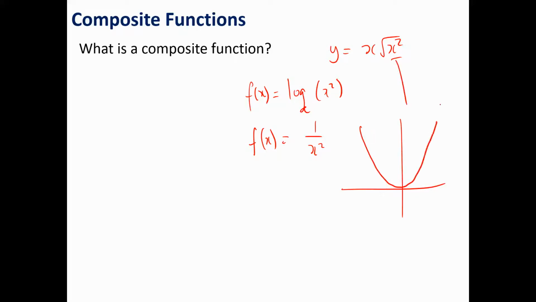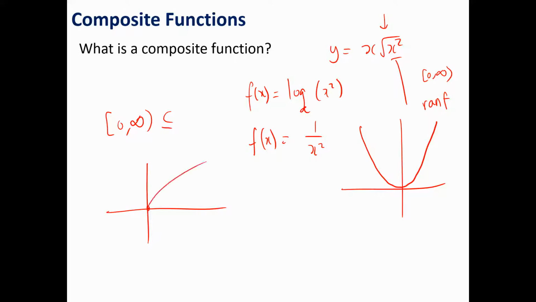The range of this graph, range of f, is equal to 0 to infinity. This happens to fit in, 0 to infinity is a subset of the domain of a square root function. What's the domain of a square root function? I draw a square root function, that's a square root function. What's the domain? 0 to infinity, so they both fit.